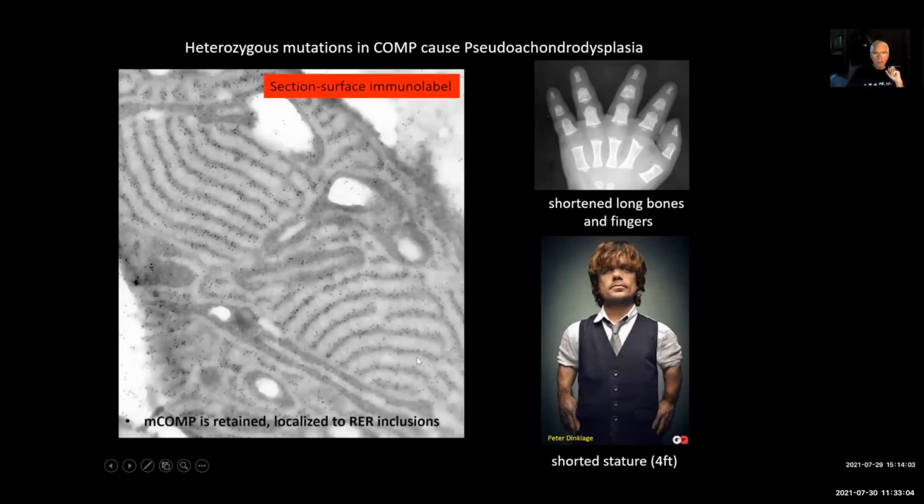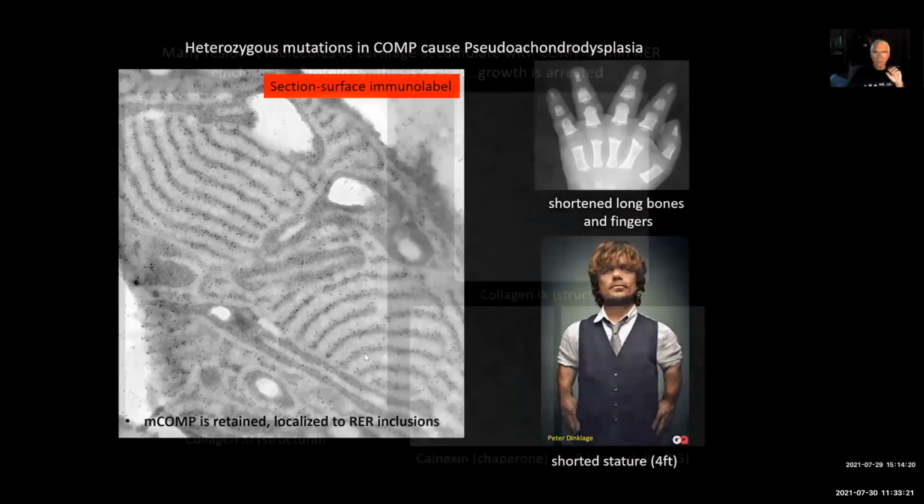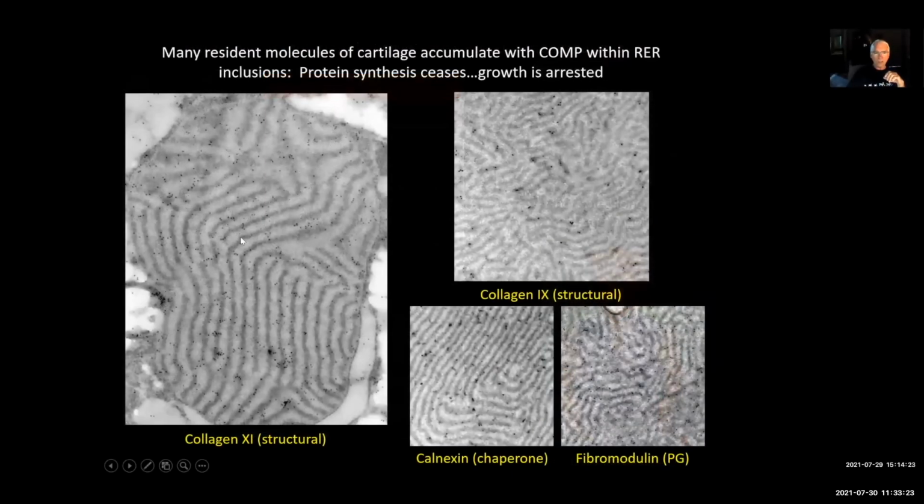So if we apply section surface labeling to localize COMP, this mutated molecule present in pseudoachondroplasia, we see that the mutated molecule is accumulated within these stacked membranes within the rough endoplasmic reticulum. And not only is COMP retained there, but so are many other constituents of the cartilage matrix, including collagen 9, collagen 11, fibromodulin, and calnexin.